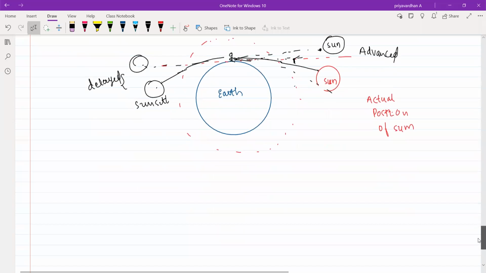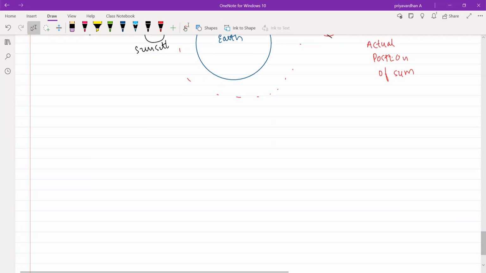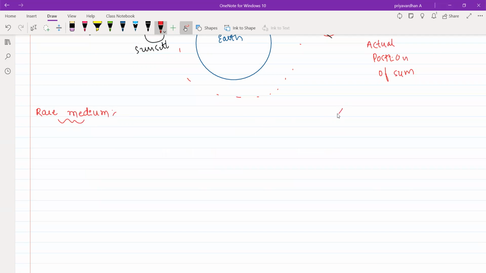First I should mention what is a rarer medium as well as what is a denser medium. I should have mentioned that way before, but let me go with this now. If you want to define the rarer medium and denser medium in terms of speed of light, in a rarer medium, what will happen to the speed of light? Is it more or less?